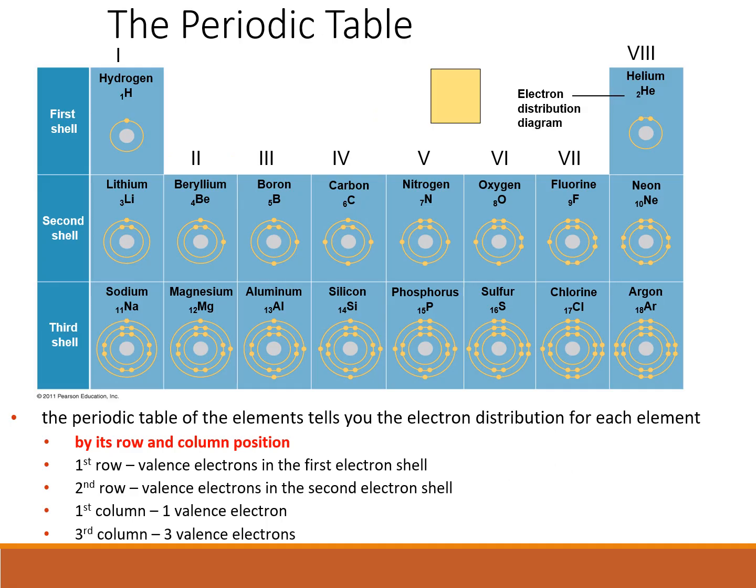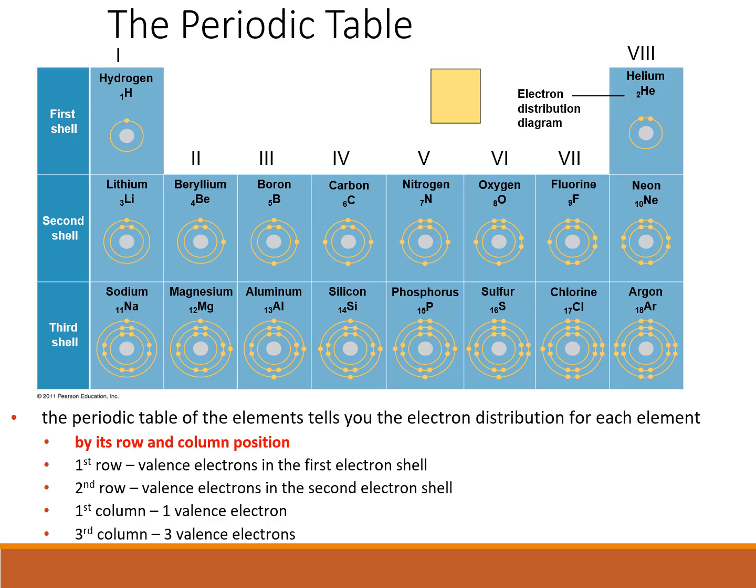The periodic table of elements can tell you the electron distributions for each element. You can figure out everything you need to know by the row and column that this element is located in. The rows will tell you basically the number of electron shells that atom has, and the columns will tell you the number of valence electrons in the valence electron shell.